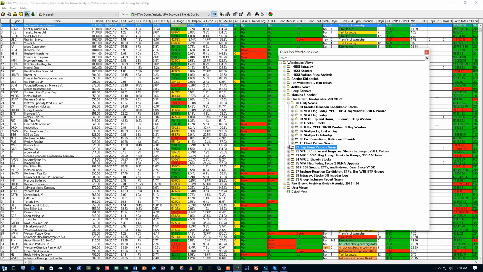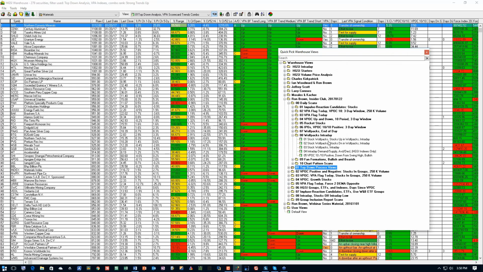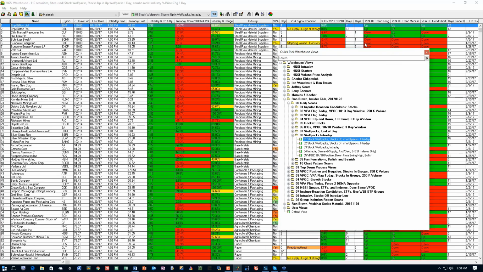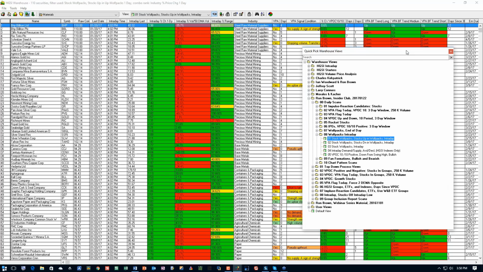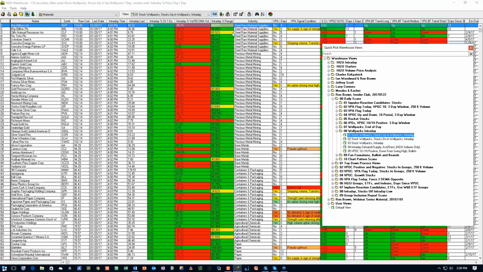If I use the intraday wolf packs and click on this, this is stock wolf packs, stocks and wolf packs that are up today. It sorts by industry, and you can see where the strength was. Once again, you can do this anytime during the day. You don't have to wait till the end of the day.